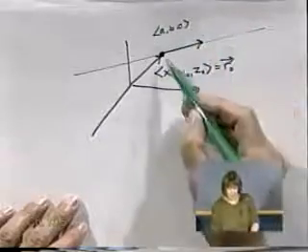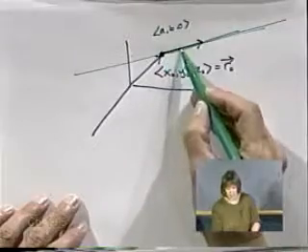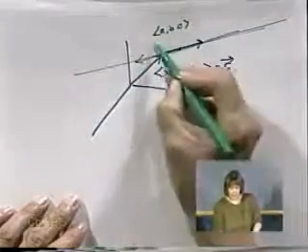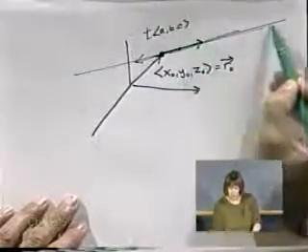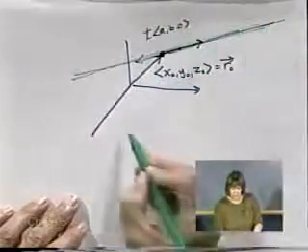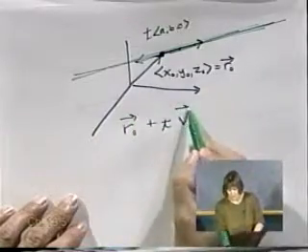Now, as you notice, if we stretch, shrink, go in the opposite direction, if we take any different multiple of vector ABC, we will be generating all the points along this line. So r naught plus t times v is going to generate all the points on that line.